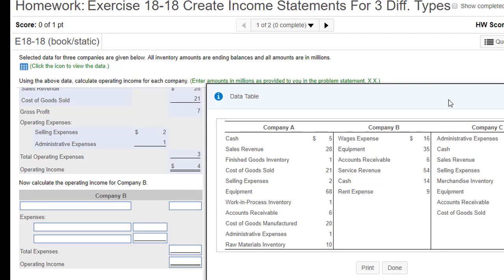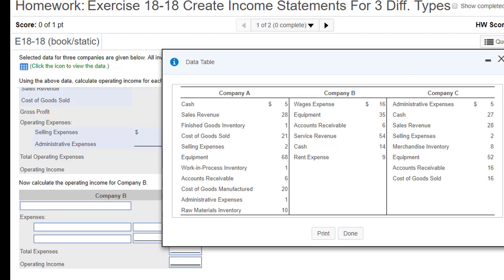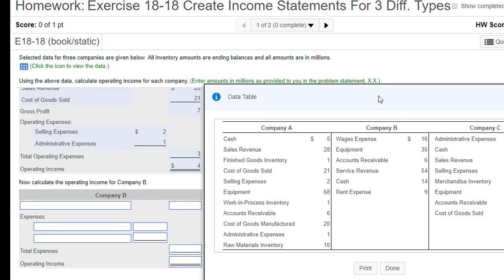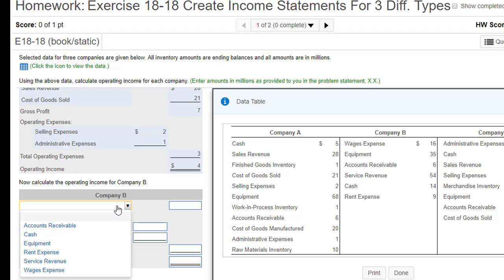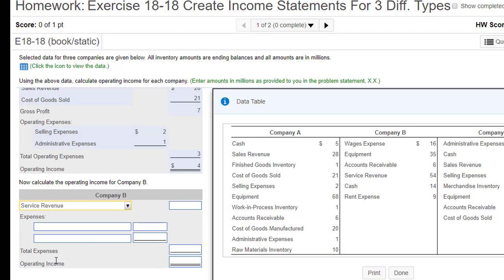All right, now we're going to do company B. What kind of company is this? Looking at this, there is no cost of goods sold, and there's a service revenue. So this is a service company. So that's just simply service revenue. Sales is when you're selling a product. Service revenue of 54 million, and then minus our period costs.